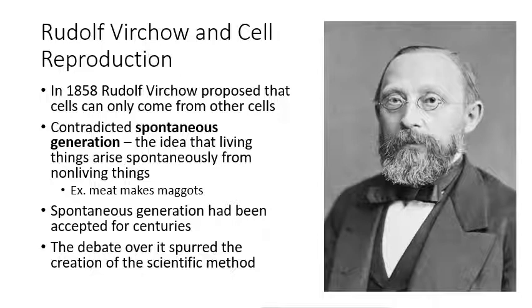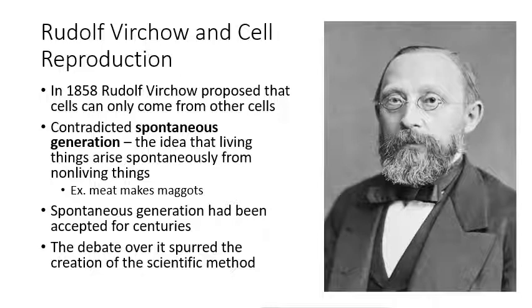People didn't really understand where life comes from, but they knew that when you leave out a piece of meat, after a little while you get maggots on it. So they thought that the meat makes the maggots, and that is spontaneous generation: the idea that something non-living, like a piece of meat, can spontaneously generate living things like maggots.